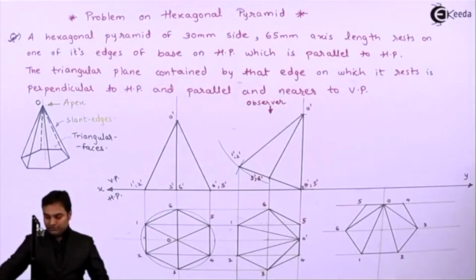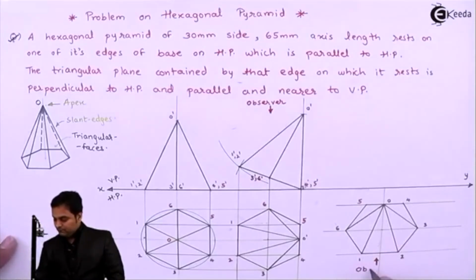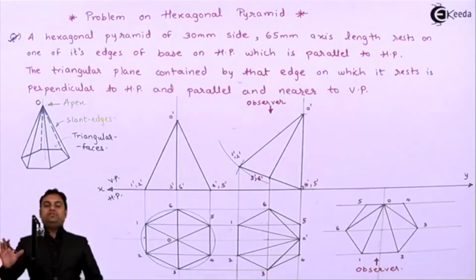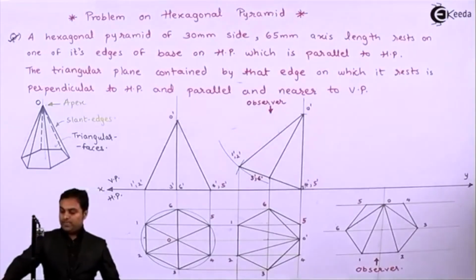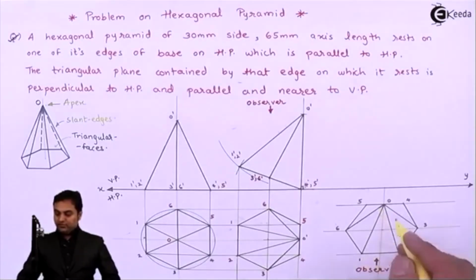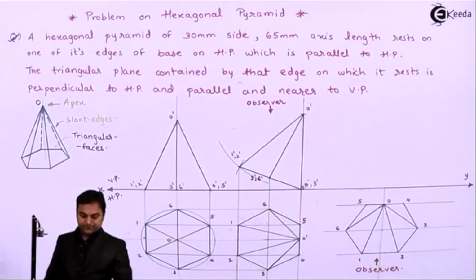Now I'll have to project its top view, and for that the observer is here. So those points need to be projected first which are closer to the observer. Here if we see points 1 and 2 and this entire triangular face is closer to observer, so that will be projected first.